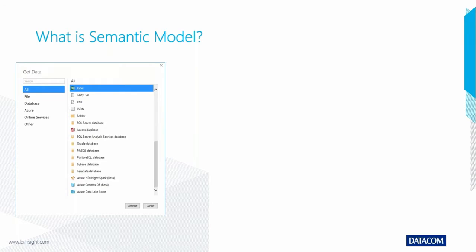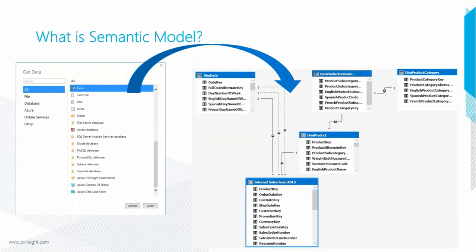It's a way to connect to multiple data sources and combine them in a single view that provides business users an easier way to get insight from that data, without needing to connect to the data sources themselves.